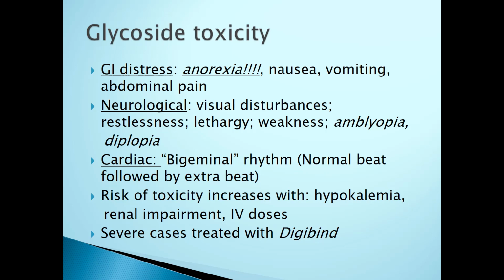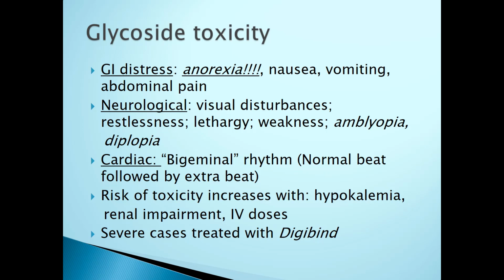They may need to be pre-medicated before administration of Digibind with diphenhydramine to help prevent any immune responses. Digibind works quickly. When administered IV, it can work within 60 seconds.